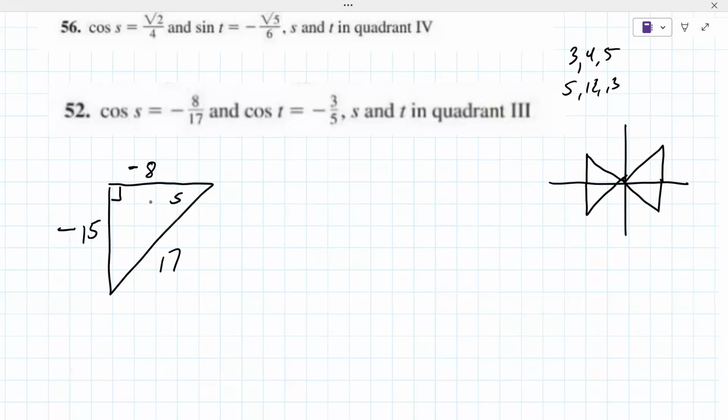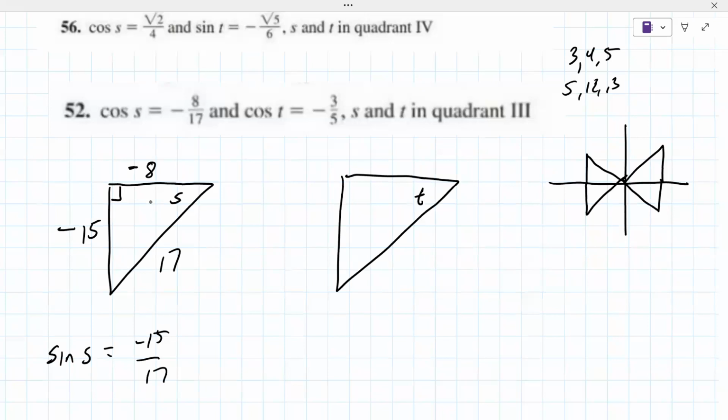The reason you do this is that it gives you sine of S. Sine of S is negative 15 over 17. We haven't done one yet, but then you would get tangent of S if you needed it. We similarly have to do one for T. So this is minus 3 over 5. What is the other side here?